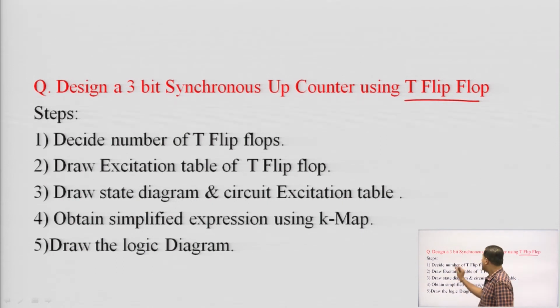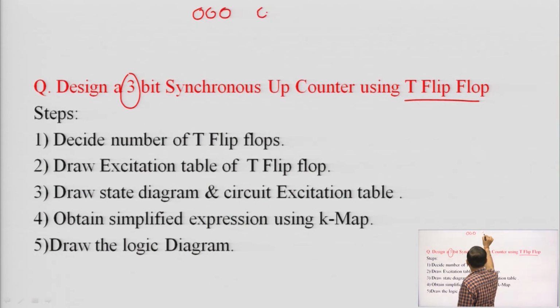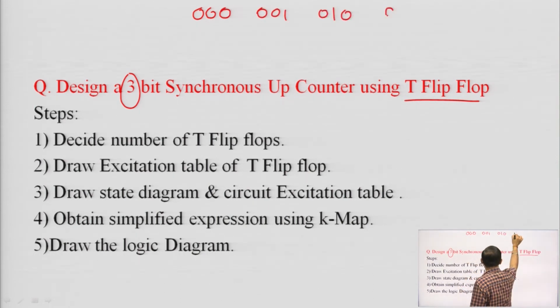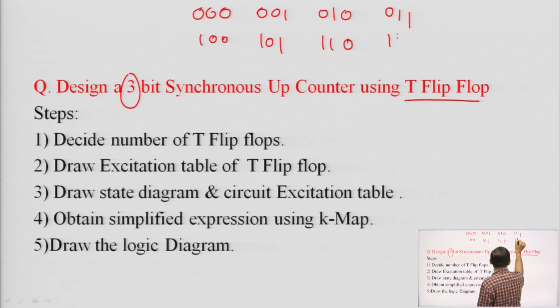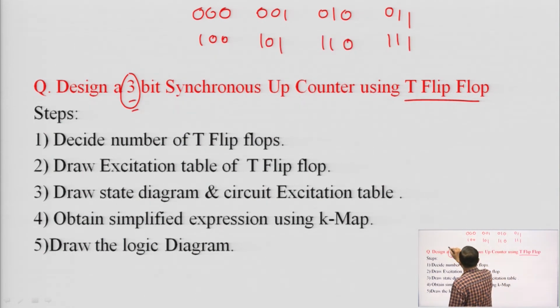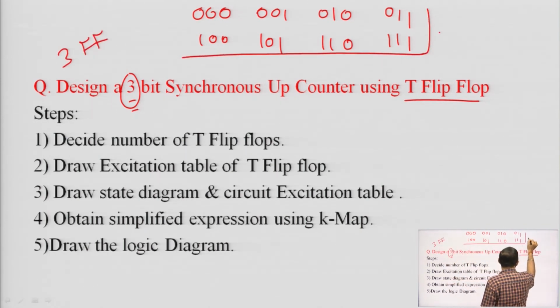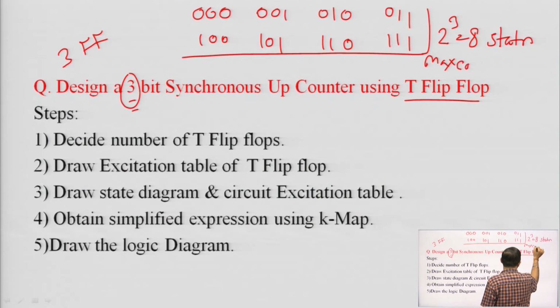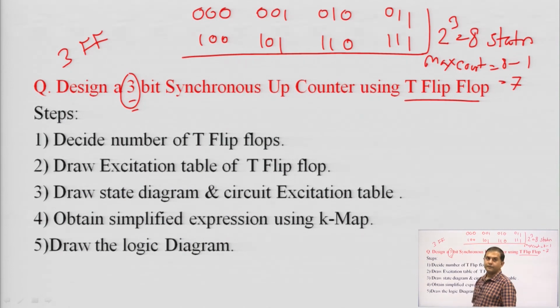And this is 3-bit, so the states are 000, 001, 010, 011, 100, 101, 110 and 111. So, 3 bits means 3 flip flops, and the number of states is 2 to the power 3, that is 8 states. Maximum count is 8 minus 1, that is 7. From the question itself we have found these things.